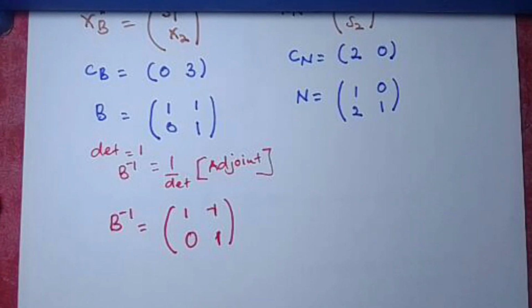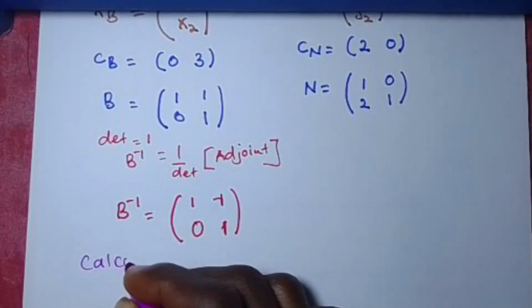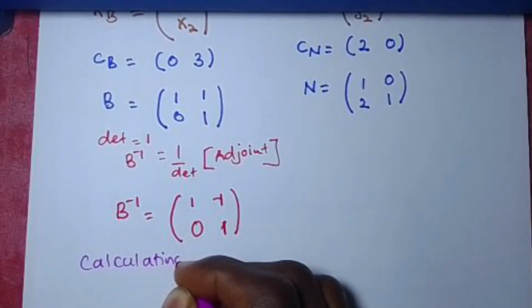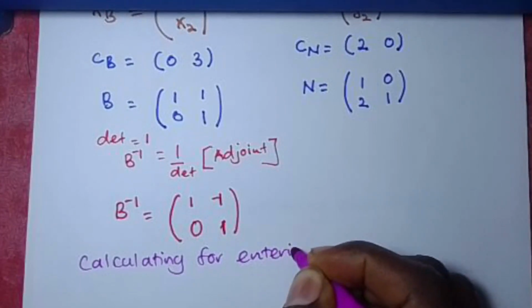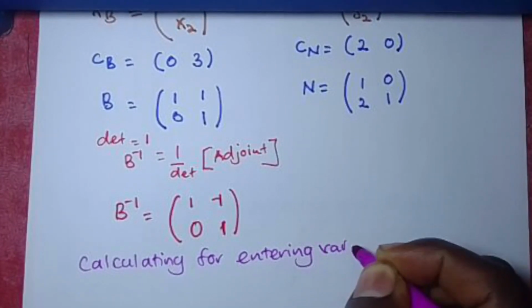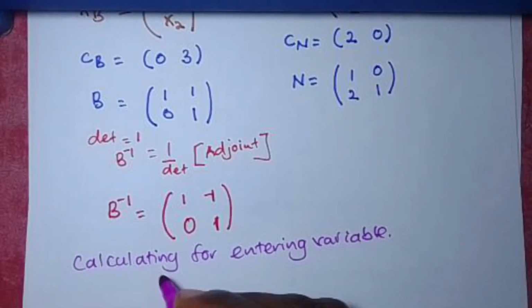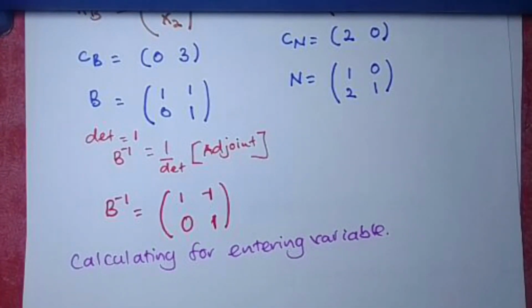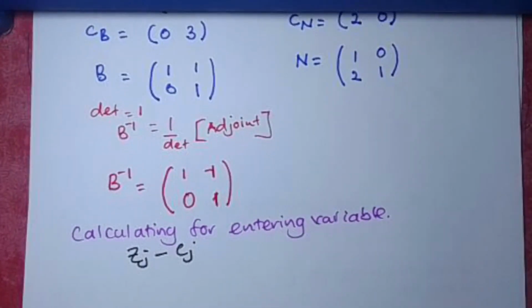So to calculate for the entering variable, you can simply remember that our entering variables are got by calculating the value of zj minus cj. But what is zj minus cj?